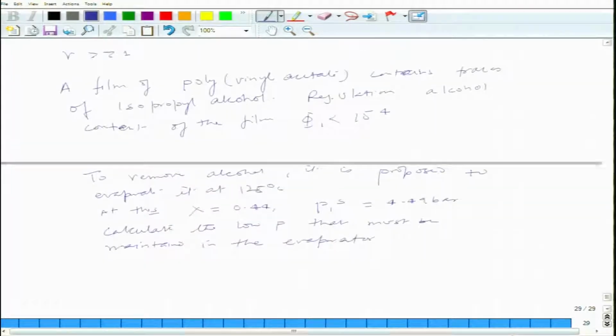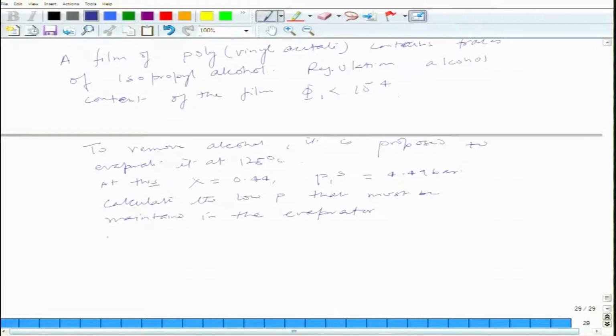Under this condition, what is given is that activity is given as a ratio of the partial pressure by the vapor pressure, and the polymer basically is involatile.